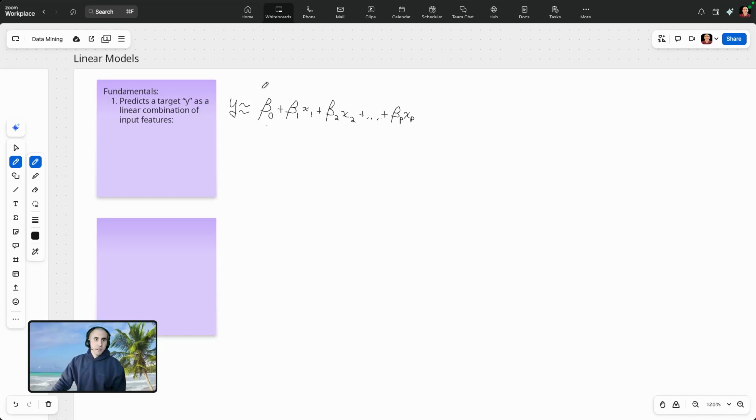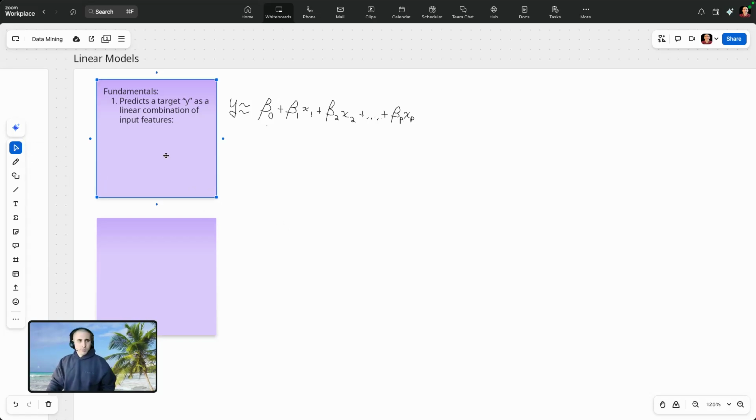So it's like y equals mx plus b, right? That's what it's sort of mirroring. So that's the general formula for it. Okay, now for fundamentals, we can continue.